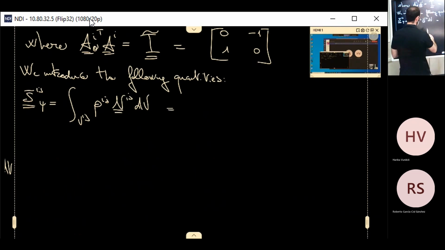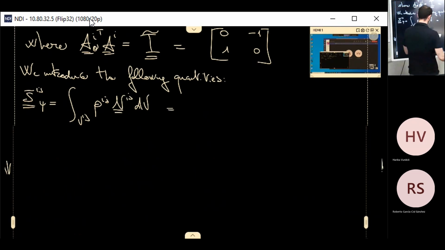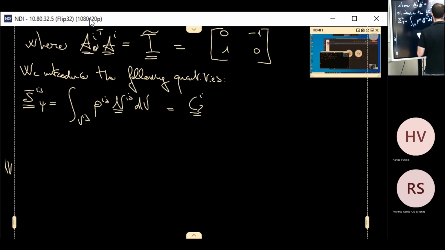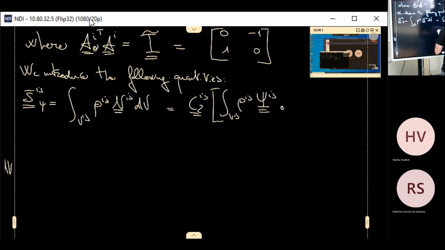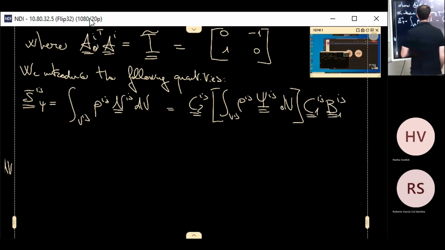And this, for what we have seen as the definition for N, is C2. Okay, this is by definition. So these are the inertia shape integrals that we will need for the 2D case, which are of course simpler than those of the 3D case.